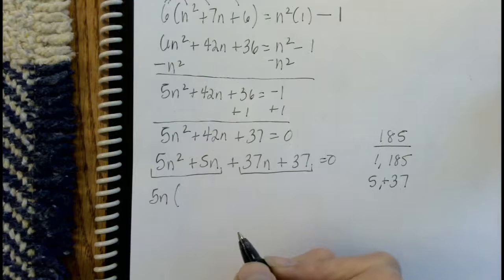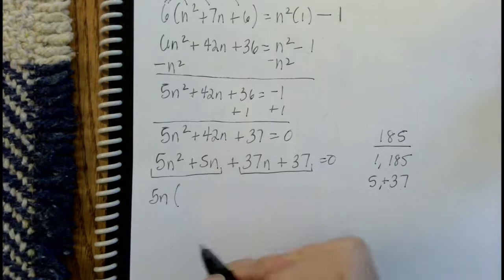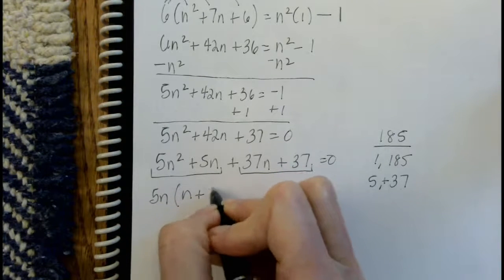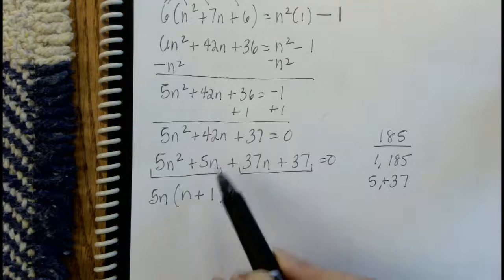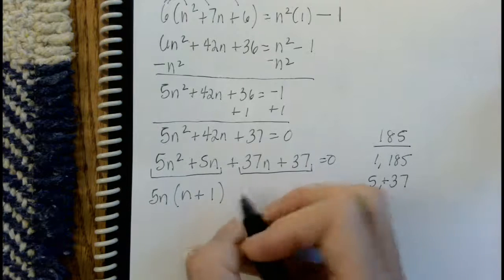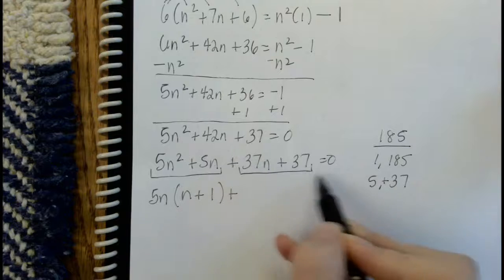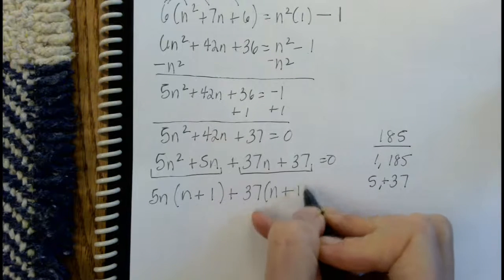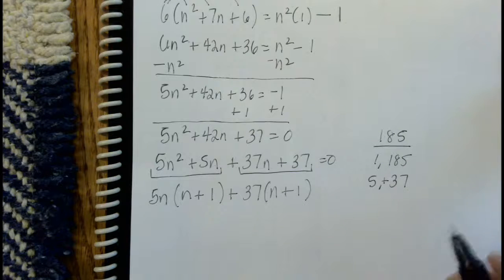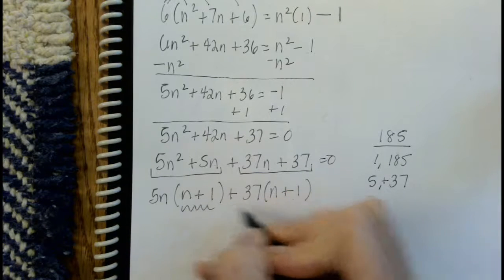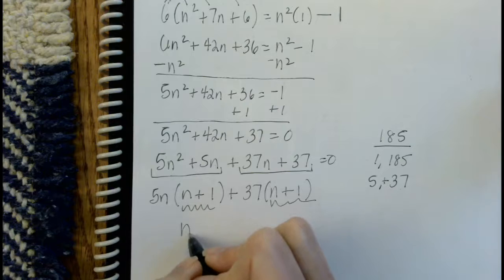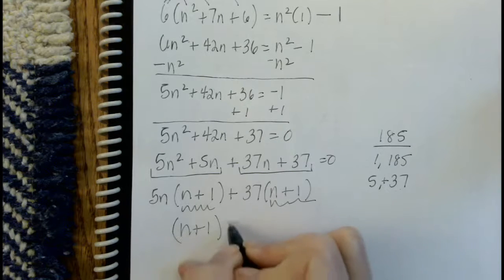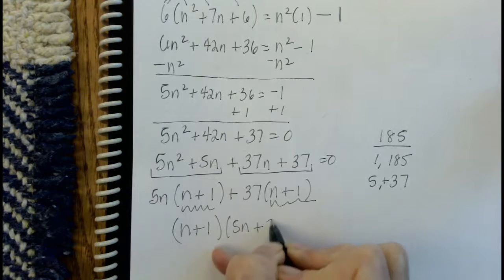And when we factor that out, we're left with n plus 1, and you do need to write the 1. 5n divided by 5n is 1. Biggest number that divides into both is the 37, and when we factor that out, again we need that n plus 1, because that's what's the same in both groups, and then we've got the 5n plus 37.